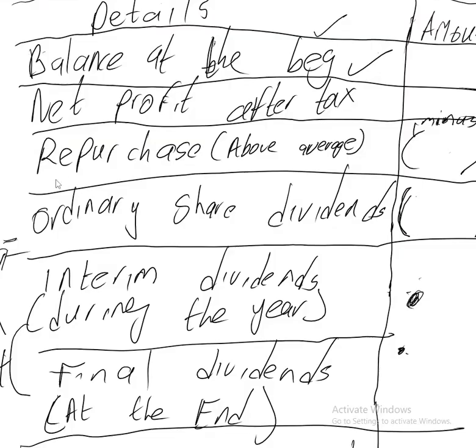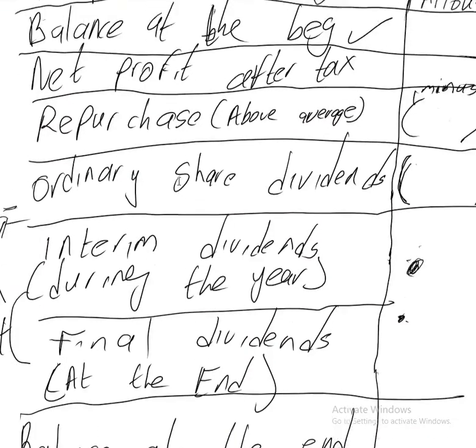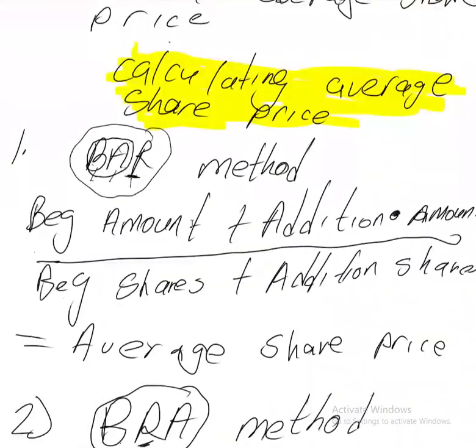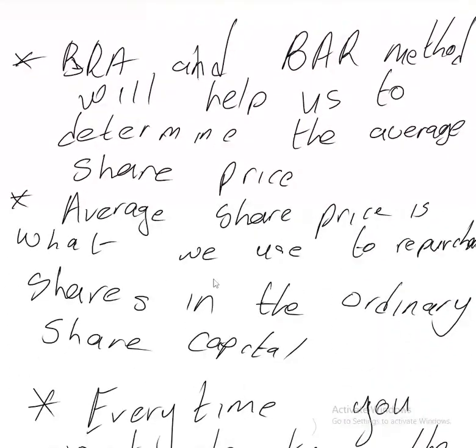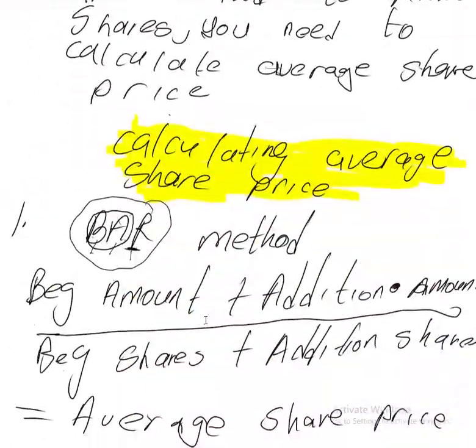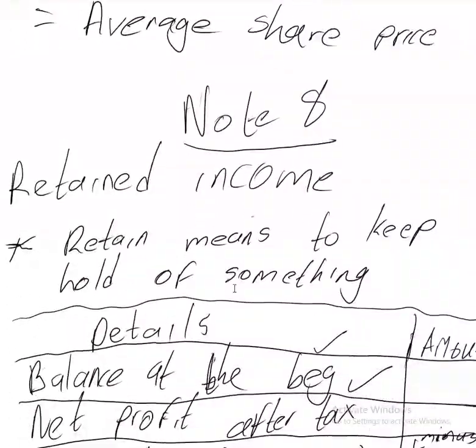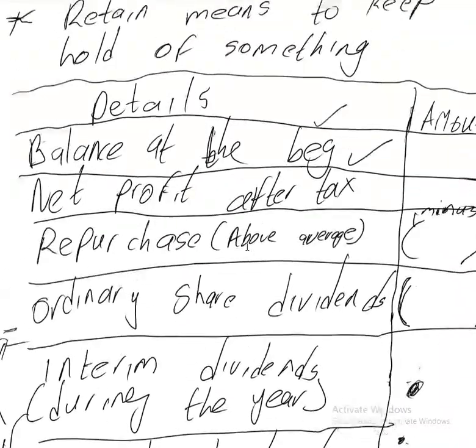Then you will have the repurchase. Now, repurchase is going to be divided into two. Remember, we had the repurchase in the ordinary share capital, right? The repurchase in the ordinary share capital, we said is the one of the average price. Now you will also have the repurchase in the retained income.